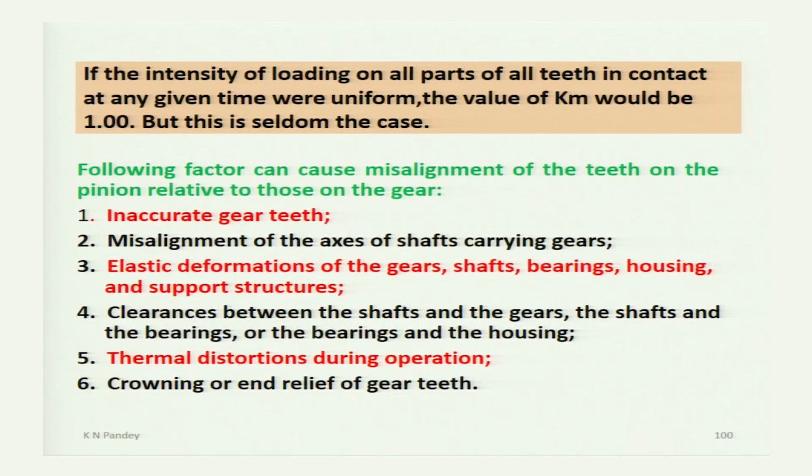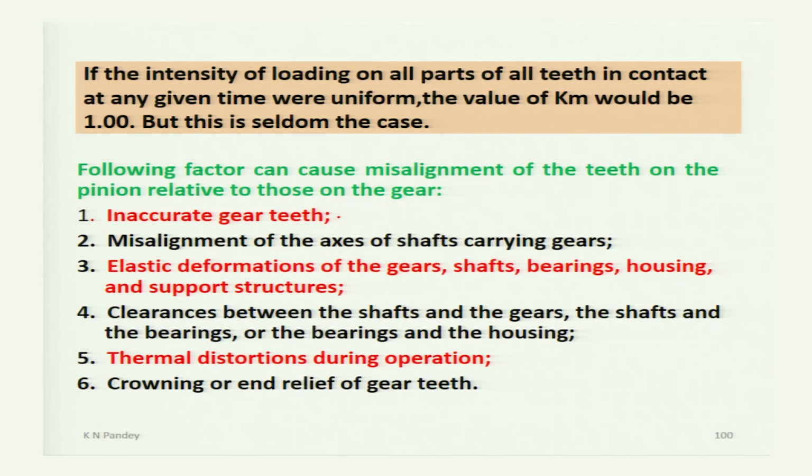Now if the intensity of loading on all parts of all teeth in contact at any given time were uniform, the value of Km would be 1. But this is seldom the case. Following factors can cause misalignment of the teeth on the pinion relative to those on the gear.